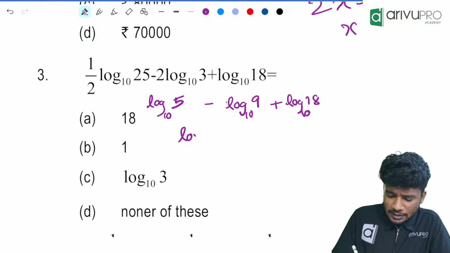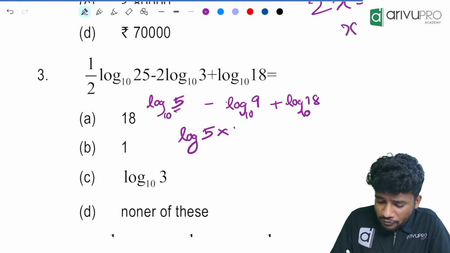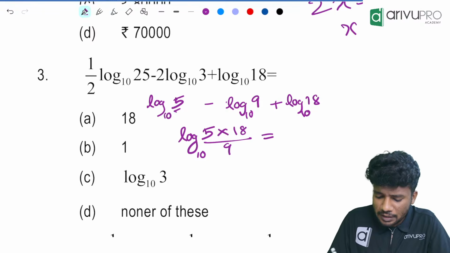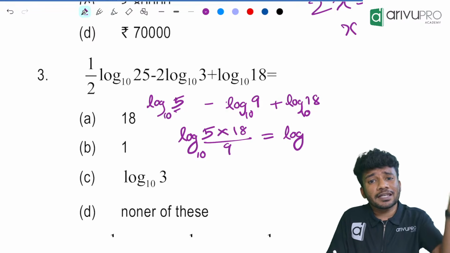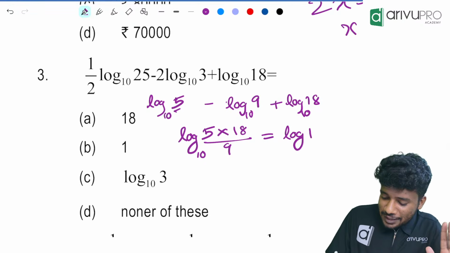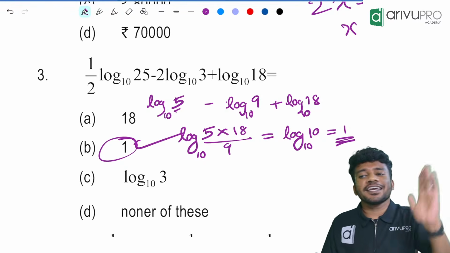So log of 5 plus 18 divided by 9 to the base 10. It can be written as log of 5 into 18, which is 90. 90 divided by 9 is 10. So log of 10 to the base 10 can be written as 1. Option A is your answer.